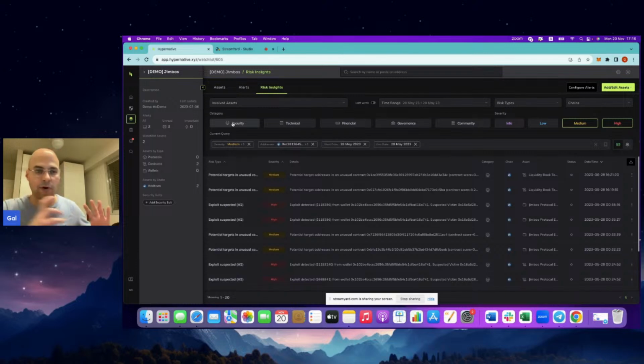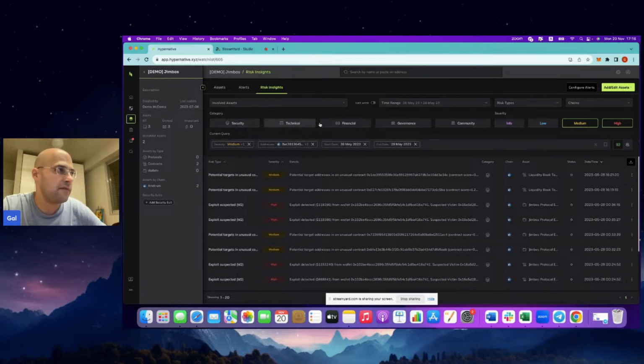It could be through operational problems with your wallet. It could be because your front end got compromised by a DNS hijack or something like that. So there are a variety of different vectors, and Hypernative today knows how to cover all of these vectors and alert you in time before the problem happens.